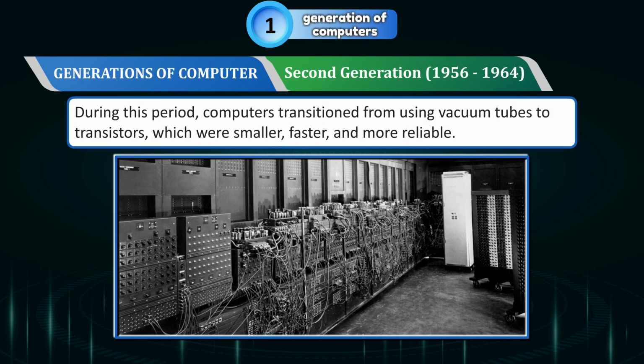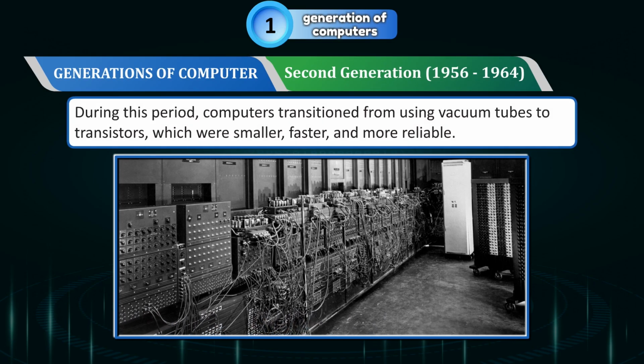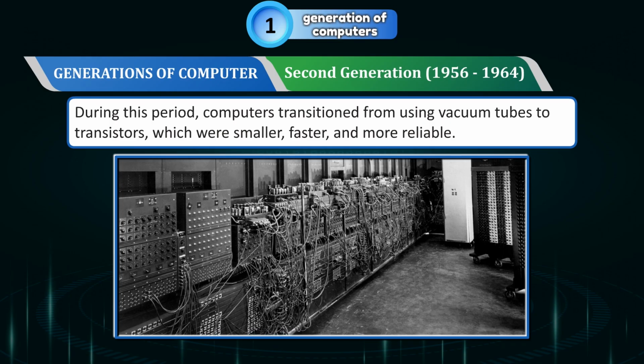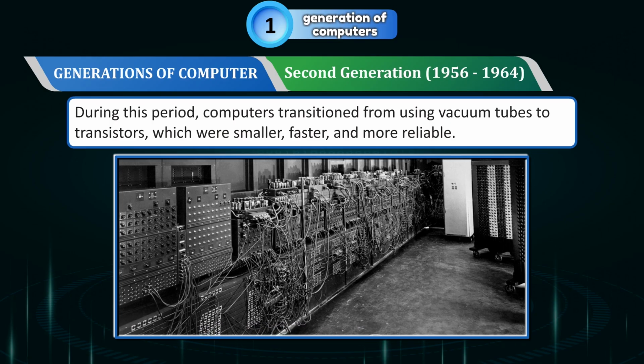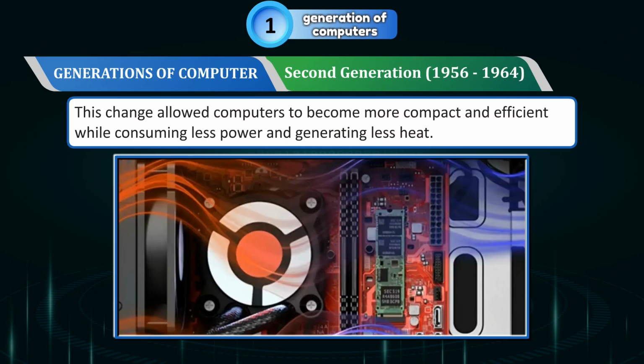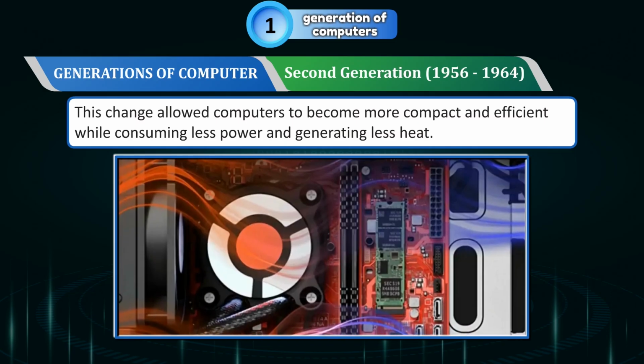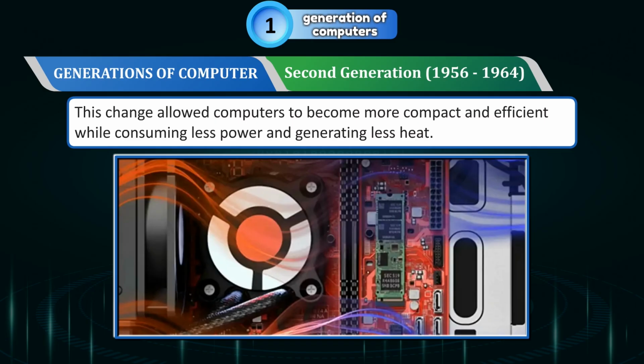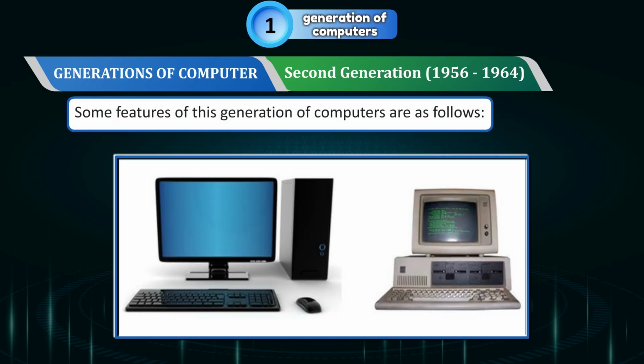During this period, computers transitioned from using vacuum tubes to transistors, which were smaller, faster, and more reliable. This change allowed computers to become more compact and efficient while consuming less power and generating less heat. Some features of this generation of computers are as follows.